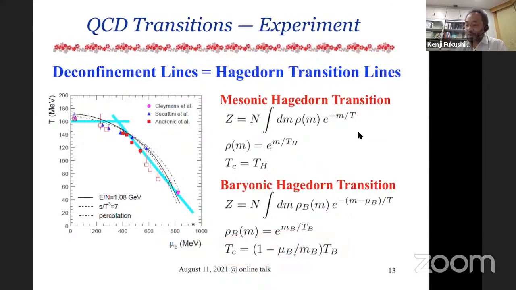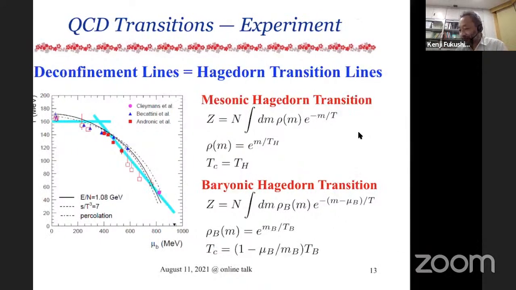And in this way, this phase diagram can be understood by these two phase transition lines. So this is actually one phenomenological or experimental way to understand the QCD phase diagram.